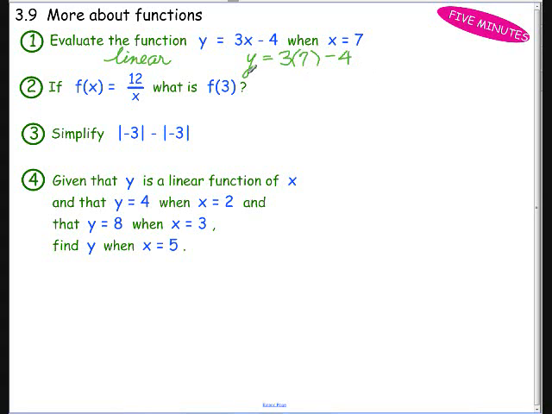And we'll find out what y is when x is 7. So that's going to be 21 minus 4. So y must be 17.